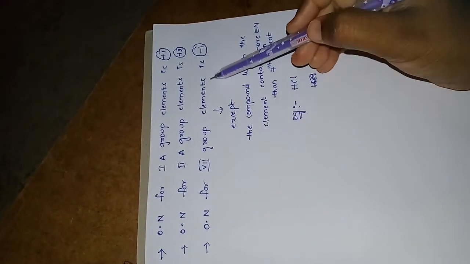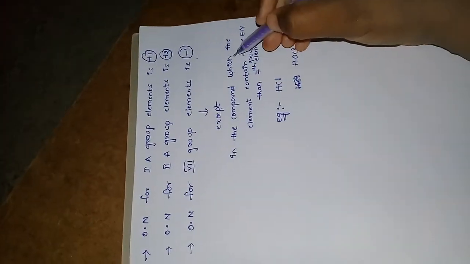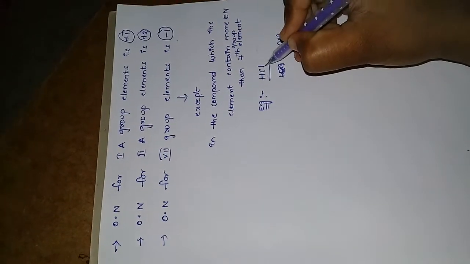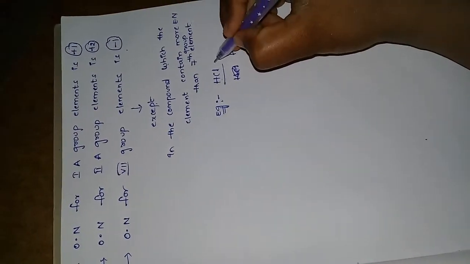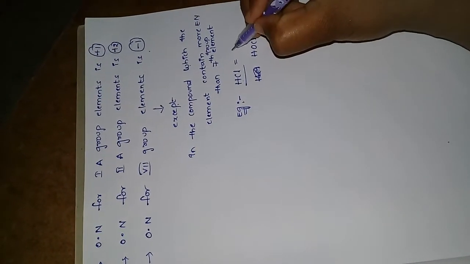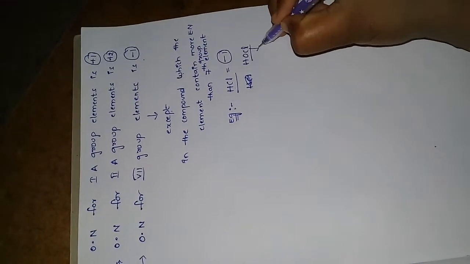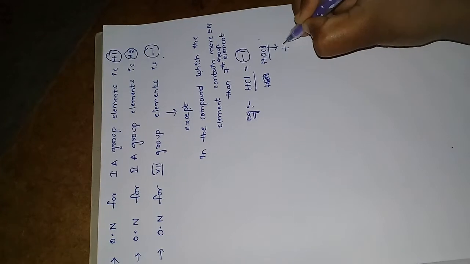Oxidation number for seventh group elements is -1. Exception case: the compound which contains an element more electronegative than the seventh group element. See here, hydrogen is first group, chlorine is seventh group. Here chlorine is more electronegative than hydrogen, so there is no problem, chlorine gets -1 charge. In this compound HOCl, oxygen is more electronegative than chlorine, so chlorine gets a positive charge, +1.